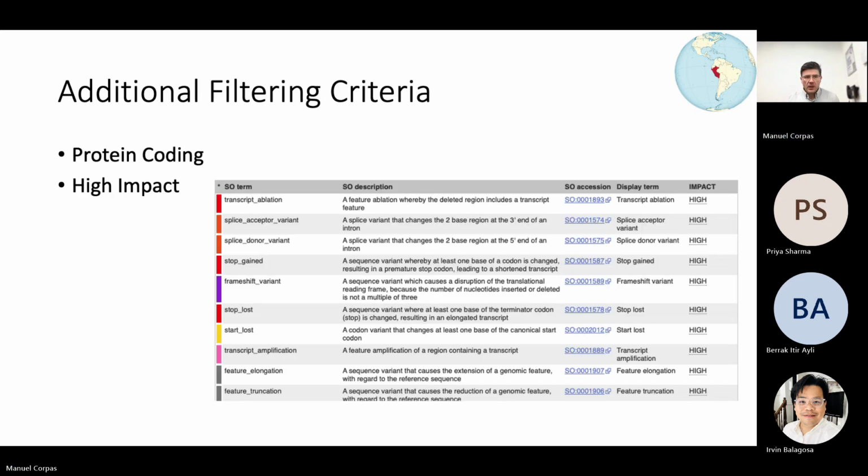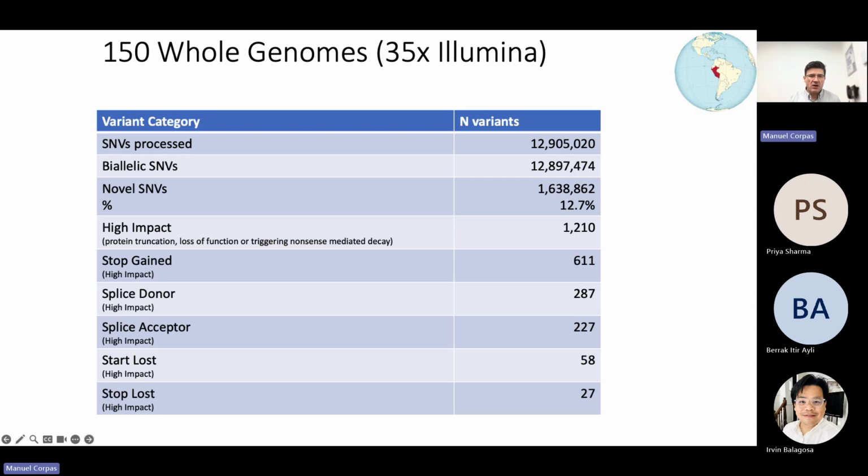So here you have a prioritization of the almost 13 million genetic variants that we observed in these 150 genomes from those 7 populations that I showed you before. So it gets like a funnel, right? So you start, and don't worry about this terminology.